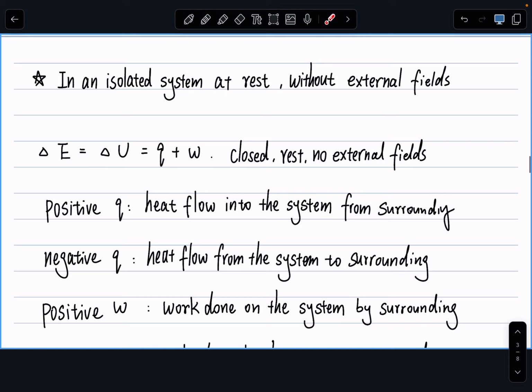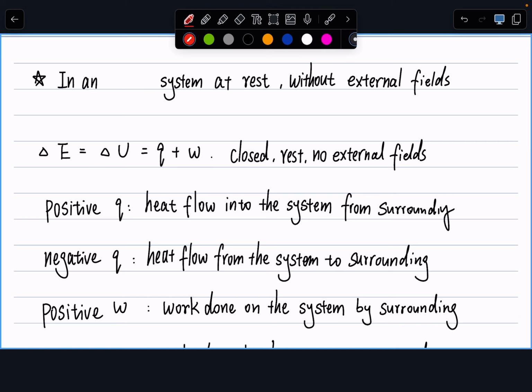And to further simplify it, I think this one should be closed. So let's imagine a closed system that is at rest. So there's no acceleration, no movement, right? There's no kinetic energy. And also no external field.